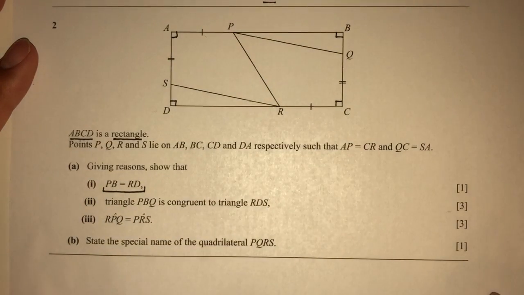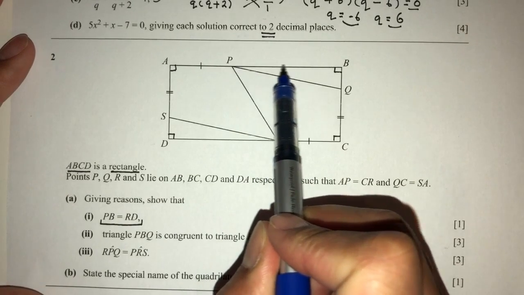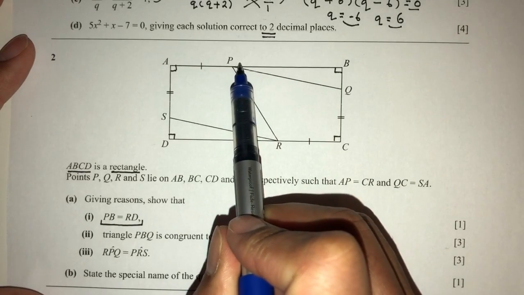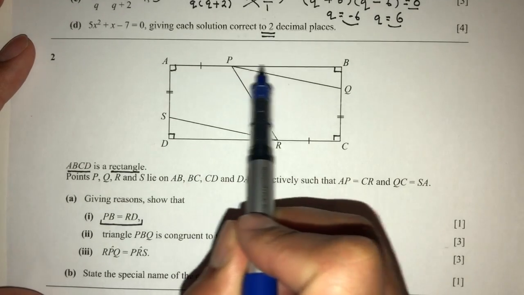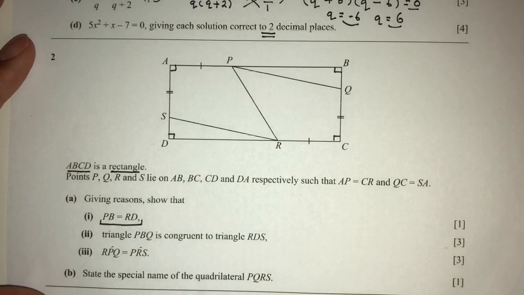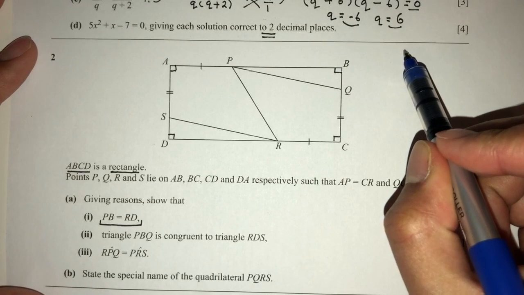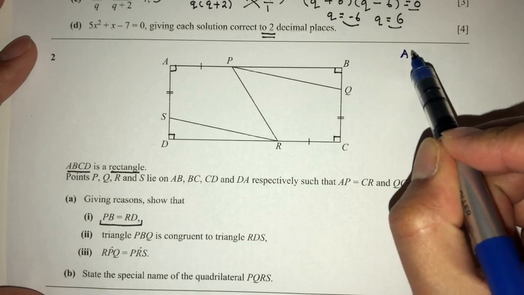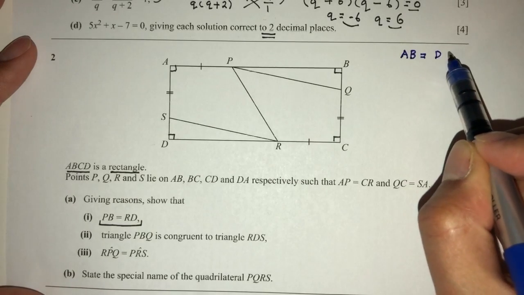So first, let's see where is PB. PB is this one. Okay, and then RD will be this one. So we have to show this is equal to this one. So how would you find that? We have to use our knowledge of rectangles, right? So as we have said before, because it is a rectangle, we know that AB has to equal DC.